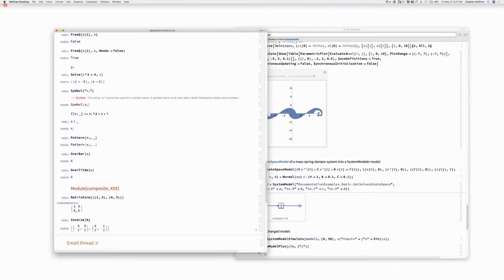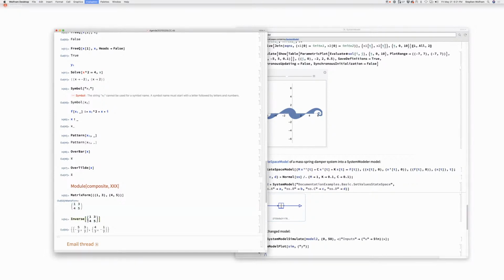Of course that works. Taking this will also work. Why does that work? Because the tag box structure tells it to remove the matrix form. The problem you get into is when you say A equals matrix form of blah, and then you try inverse of XXX.